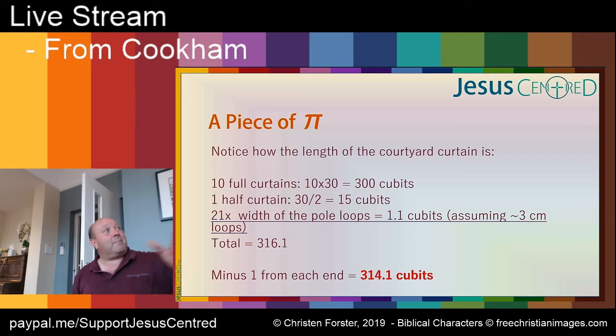So if the loops aren't very big, you've got, as we've said, 10 full curtains times 300, 1 half curtain, 15. Then if you've got 21 sets of loops, and you assume about 3 centimetres, because we are talking about a metal pole, not a great big fat wooden pole, you get a total of 316.1.